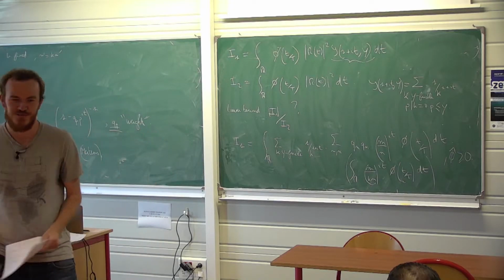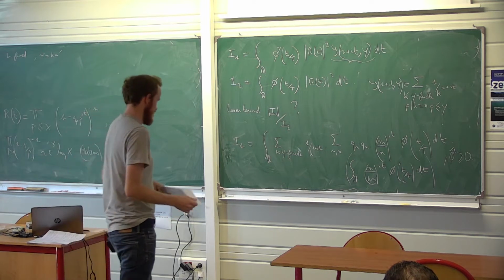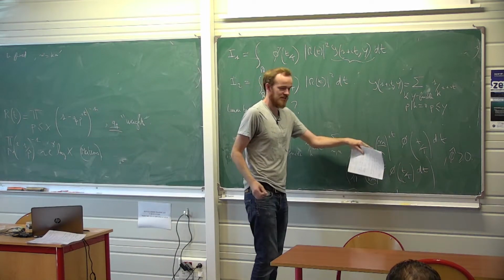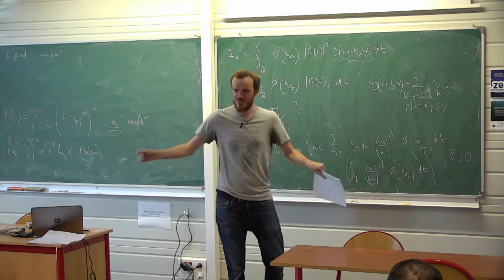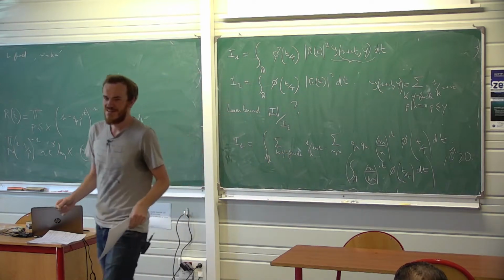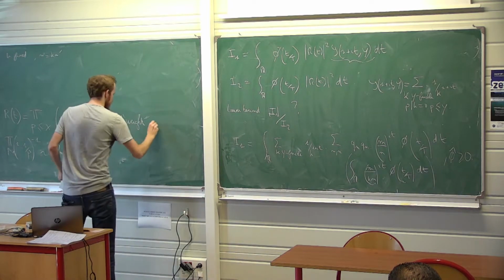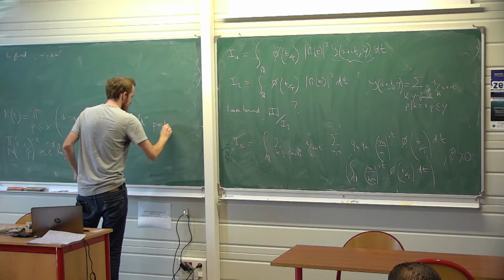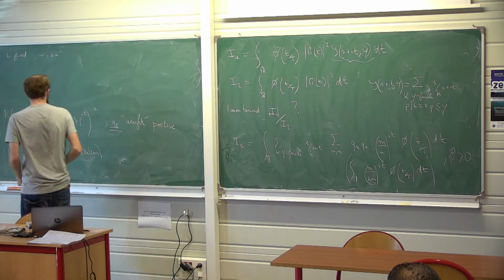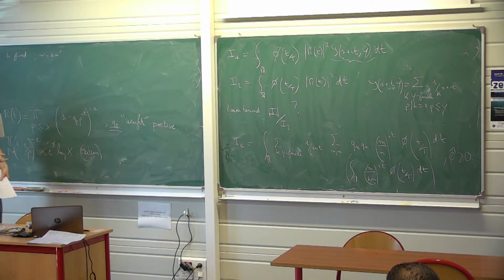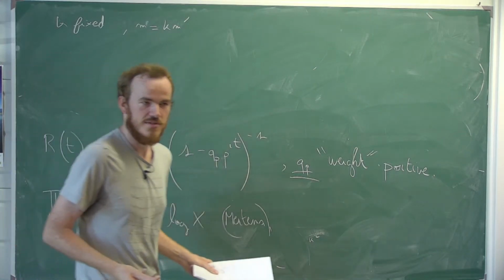You have to assume it, to put it positive, otherwise you cannot use this argument of removing terms all the time. You would need to evaluate them too. So we have this extra condition here, which I didn't say. Basically, it's something close to 1 for every prime, so something positive.